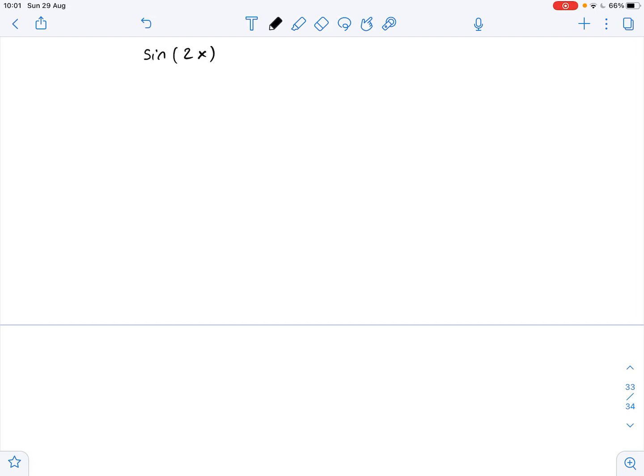Well, let's start with part A. In part A, we will use the definition of Maclaurin series. We start by calculating the derivatives for f of x equals sine of 2x, up to the 8th order.